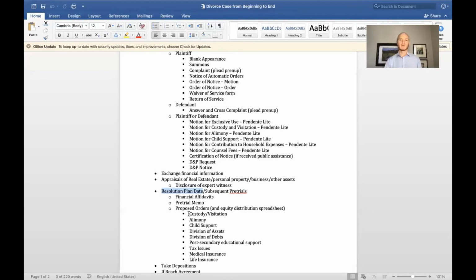And when the GAL gives their recommendation, that makes settlement more likely because, again, the parties will know at the end of the day, it's a judge who's making a decision, and the judge is probably going to follow the recommendation of the GAL because the GAL is the person who's neutral and is most familiar with the dynamic of the parents and the kids and what should happen.